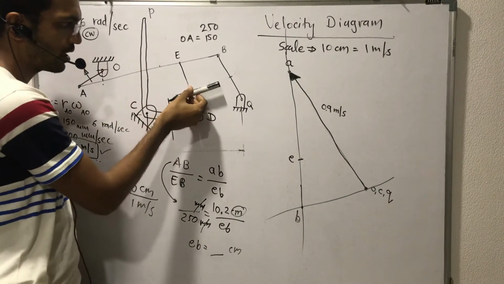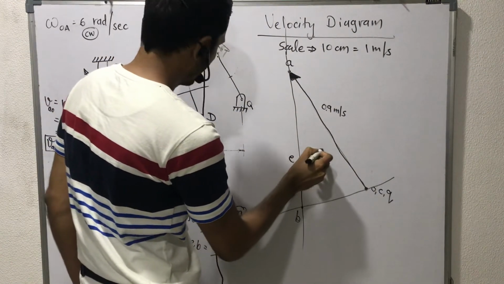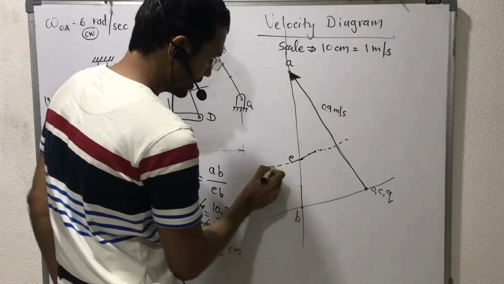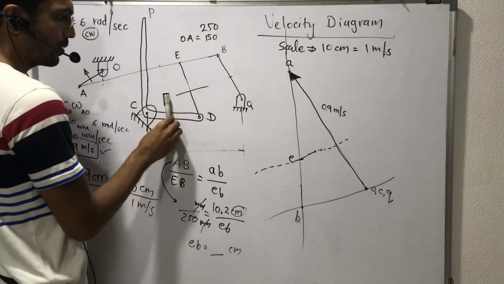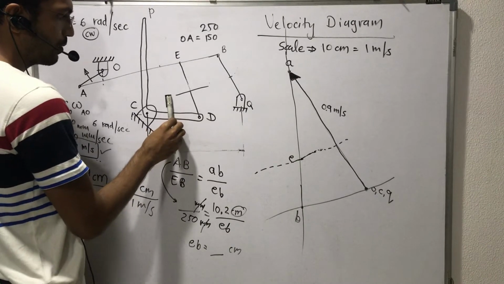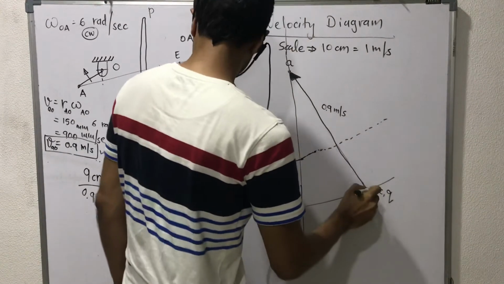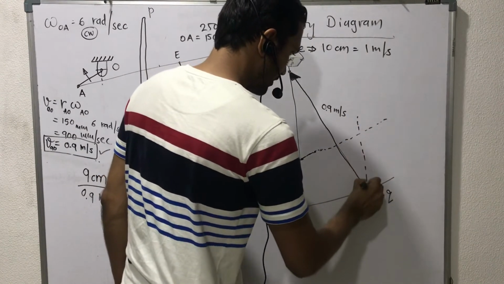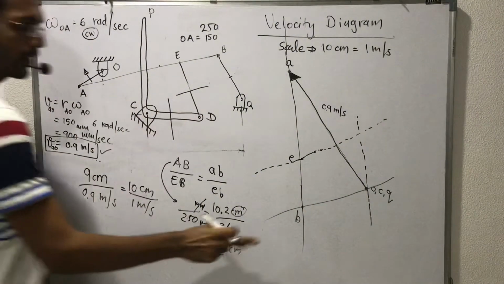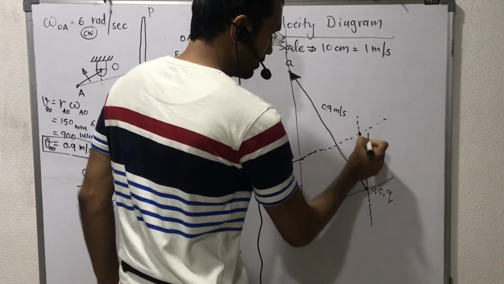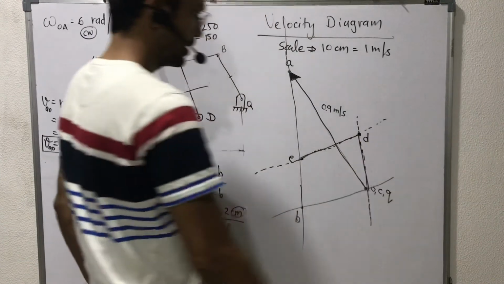So perpendicular line of ED passing from E. Say this one is perpendicular line. We don't know direction, so I draw both sides. Likewise, perpendicular to CD passing from C. So here approximate perpendicular to CD passing from C. So intersection point will be D point. So this one is the actual diagram. D point.